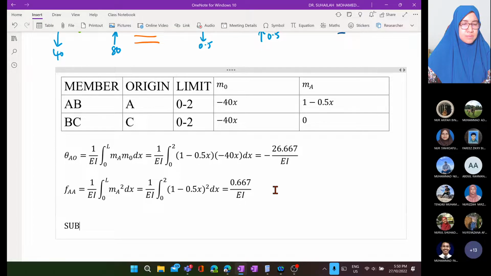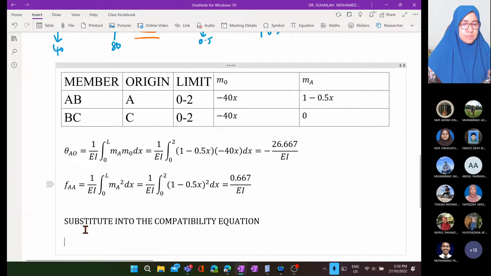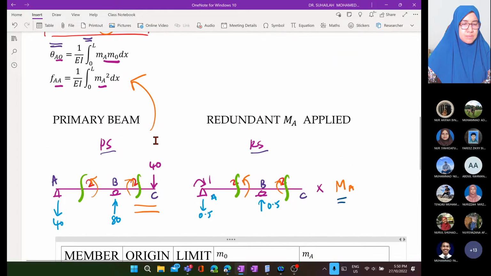Substitute into the compatibility equation. What is the compatibility equation? It is the original equation. Okay, this one.